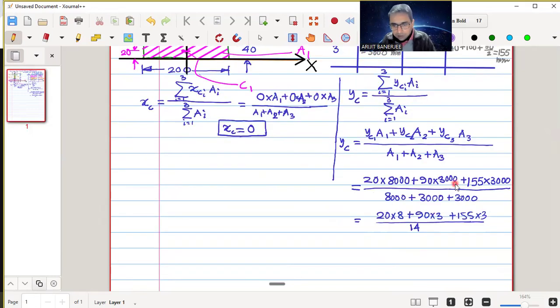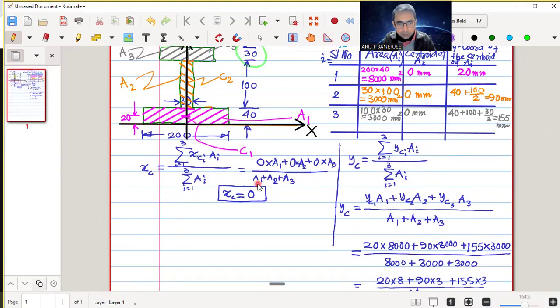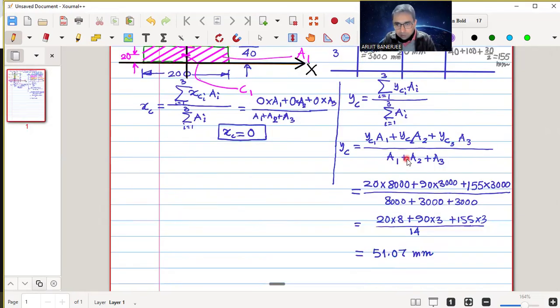How much is it coming? It's coming 51.07 mm. Okay, let us check. Is it possible or not? 51, so it is between 40 and 90. So it is quite possible. You can check once more and confirm.